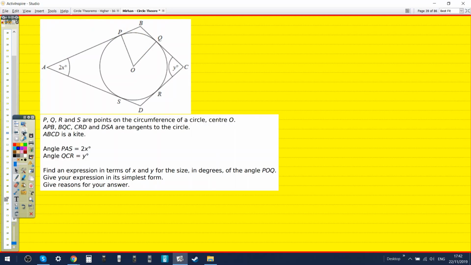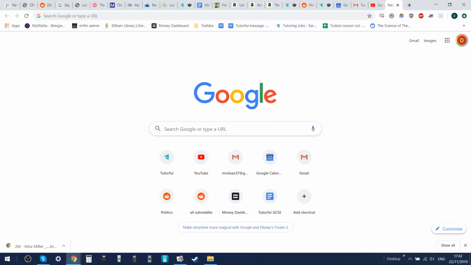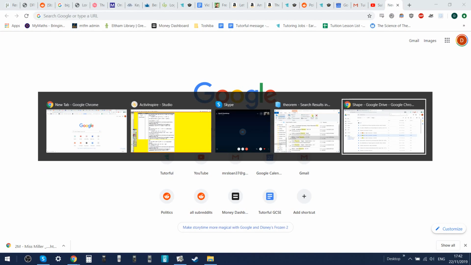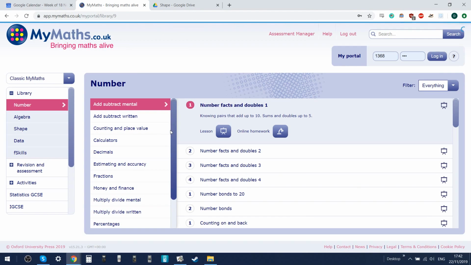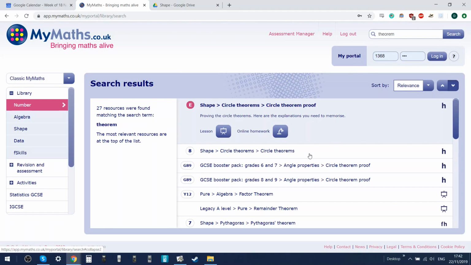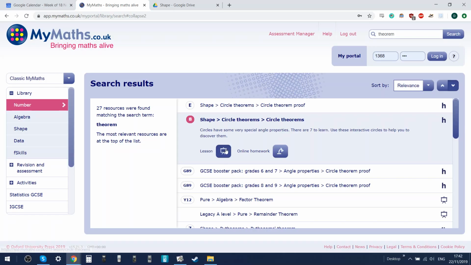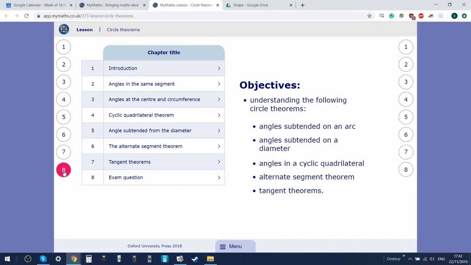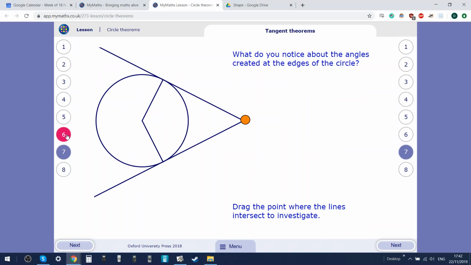There's one kind of important one that I want to do. Theorem. Where's this shape? This one.